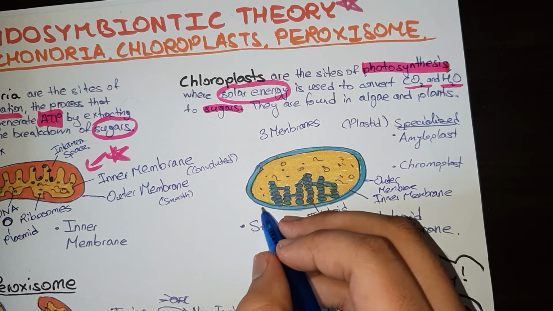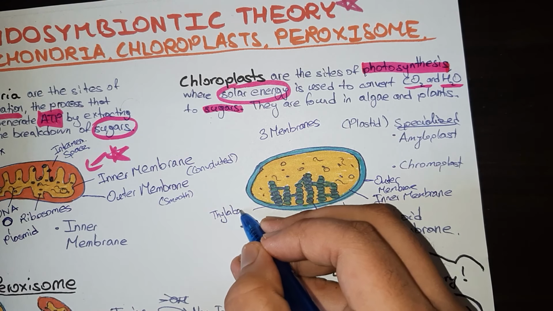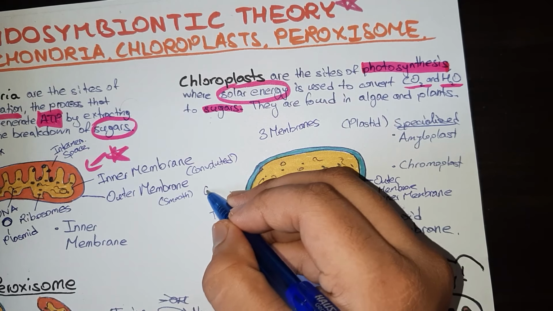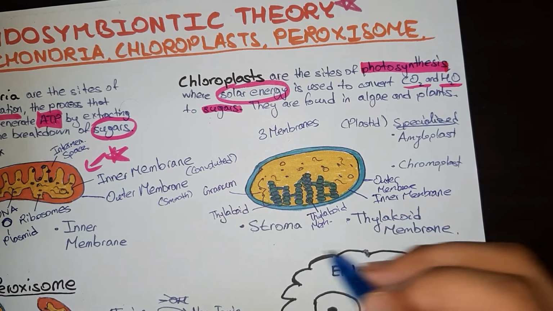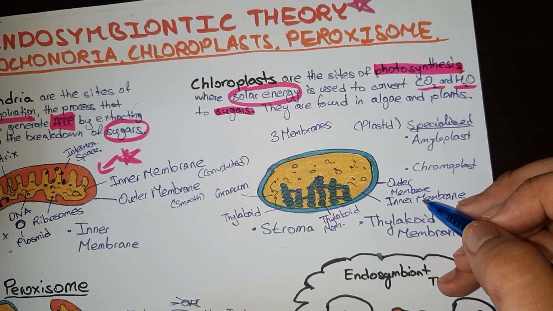Each coin in the stack is called a thylakoid. And the whole stack itself is called a granum. In plural, it is called grana. So that is the structure.